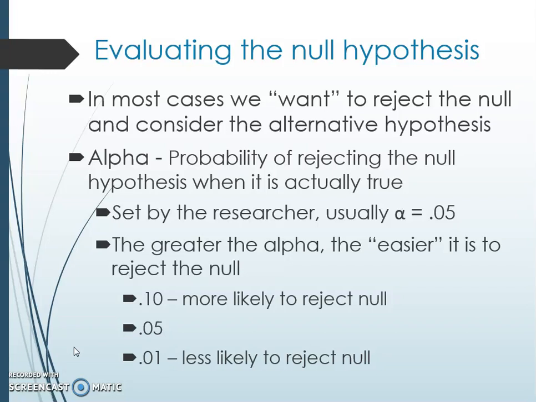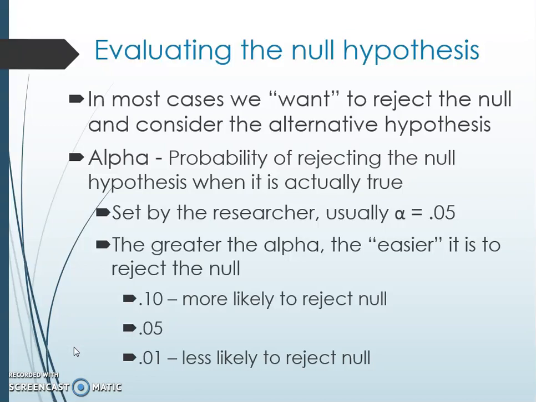So let's say you decide at the outset of your experiment that you want to use an alpha level of 0.01 rather than 0.05. That is a more stringent requirement. So the likelihood of you rejecting the null hypothesis when it's actually true would be reduced. And so you're less likely to reject the null hypothesis.